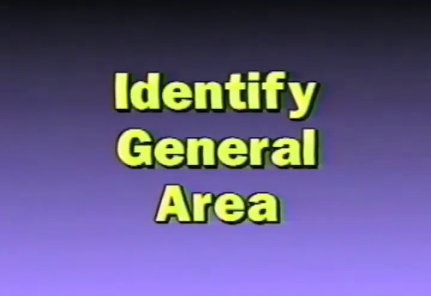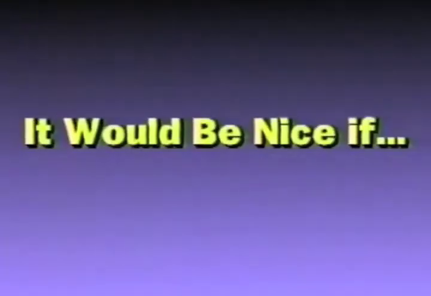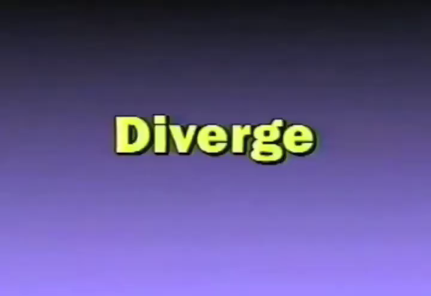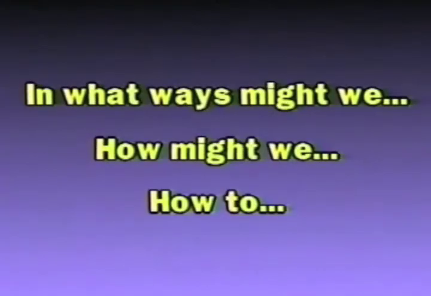First, we identified a general area on which to apply creative problem-solving. It is important that this is a situation that the client can do something about. We headlined this challenge with the phrase, "It would be nice if." Then, we gathered some data about the situation. Next, diverge. Generate many different ways to state the problem. Begin problem statements with the phrases, "In what ways might we?"